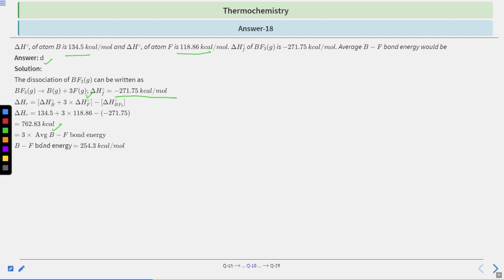That is the energy needed to break how many bonds? Which is 3. So 3 BF bonds are present. So 3 into the average BF bond energy. Dividing 762.83 by 3, we have BF bond energy equal to 254.3 kilocalorie per mole. Hence option D is the correct answer.